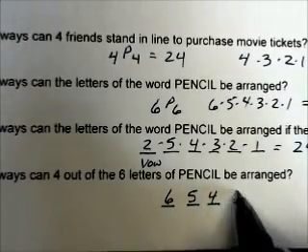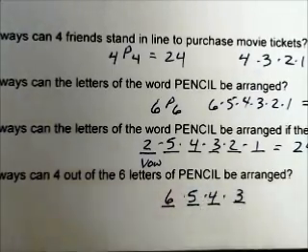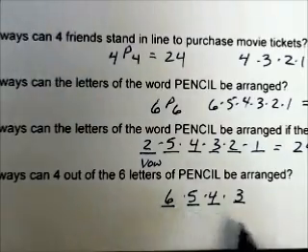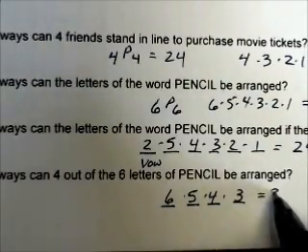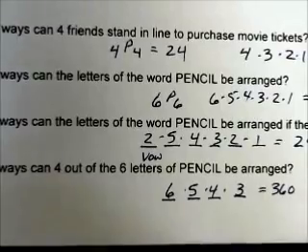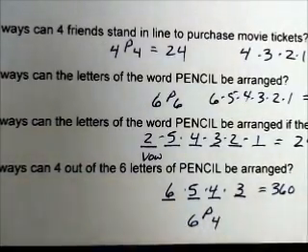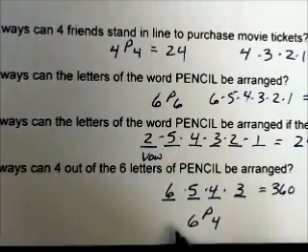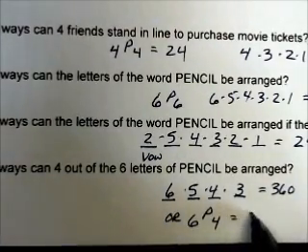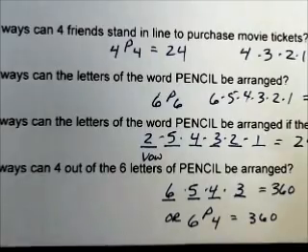Now 4 remain, and 3. So 6 times 5 times 4 times 3, which is 360, which can be written as, from the 6, we want arrangements of 4, 6P4, which would result in 360.